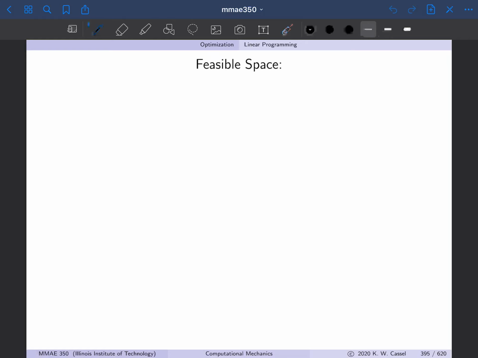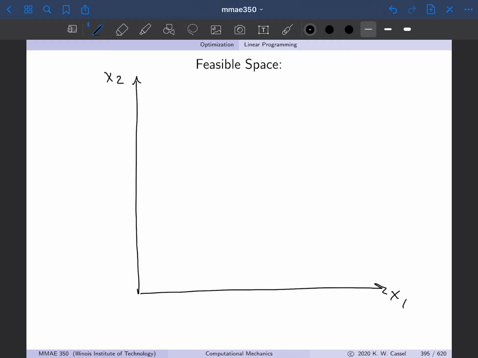All right, so let's draw the feasible space. So we have two design variables, x1 and x2. So x1 will be the horizontal axis, x2 will be the vertical axis. I'll try to do this somewhat to scale. So this will be 0 and 0, and then I want to get up to 100.